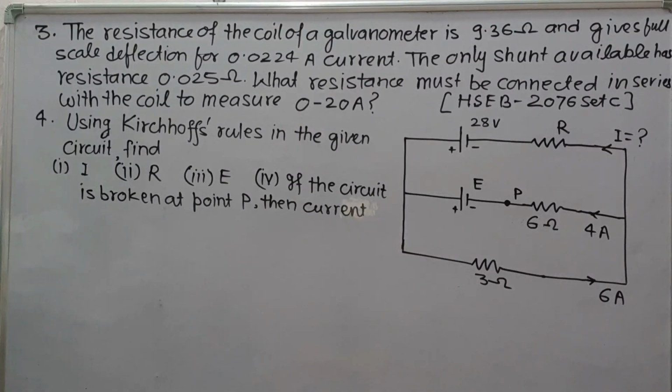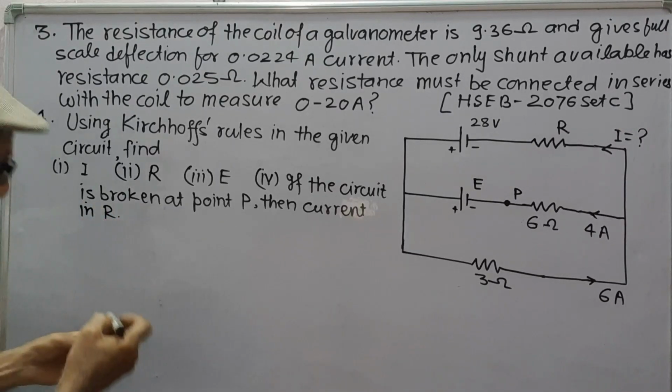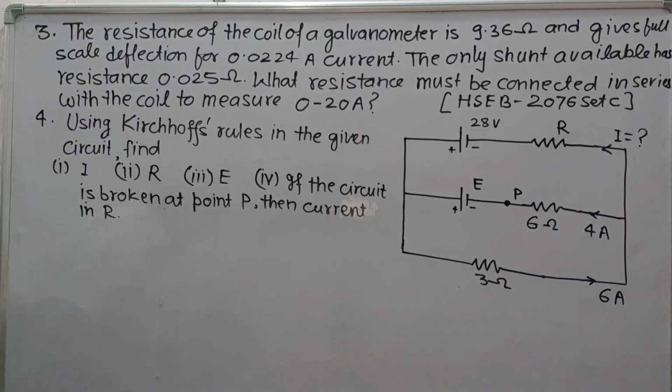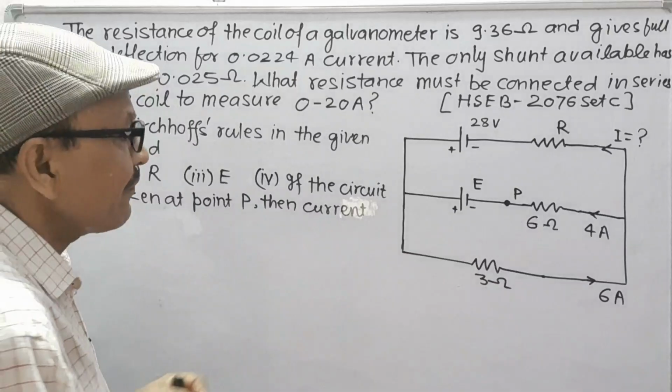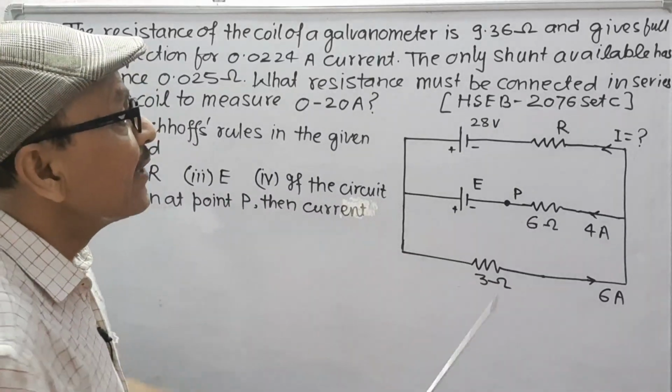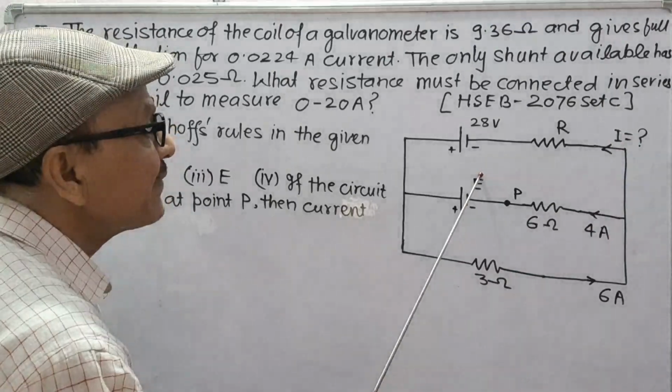Next question number 4. Using Kirchhoff's rules in the given circuit, find I, R, E, and if the circuit is broken at point P, then the current in resistance R. This is the given circuit in which we have to find the value of this, this, and this.